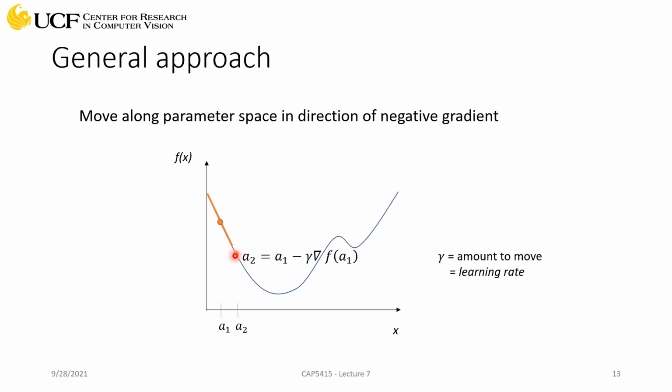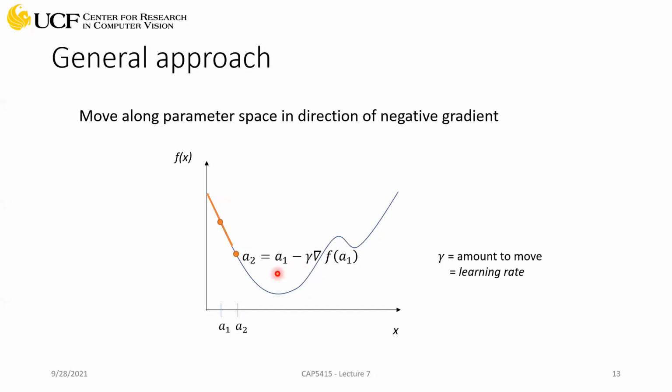If the slope were like this, it would have a positive value. So this term is going to give you a negative value, and you have a negative sign here, which means that will turn into a plus. So you're adding something to A1, and that's why you are moving towards the right. From A1, you go to A2.